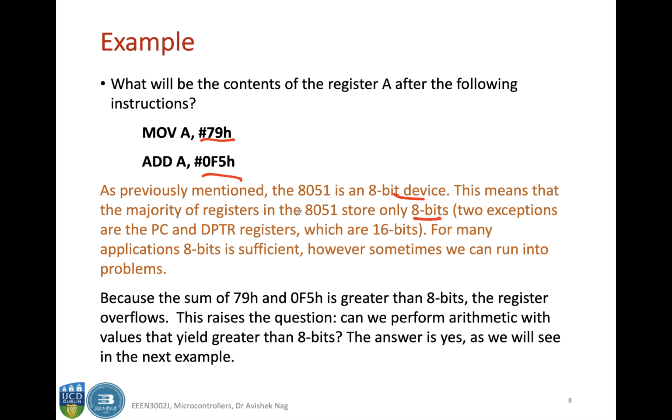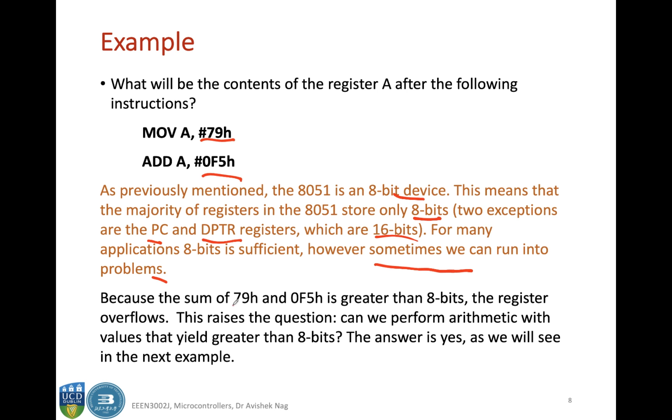There are exceptions: the program counter and the DPTR are 16-bit registers, but for many applications 8 bits is sufficient, and there could be some exceptions to this. So sometimes we can run into problems where 8 bits are not enough.